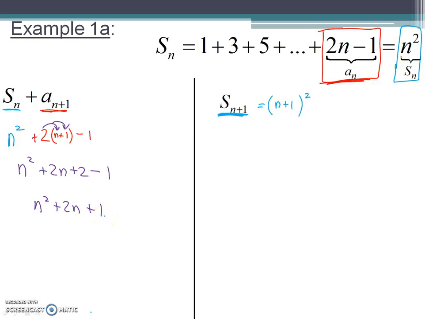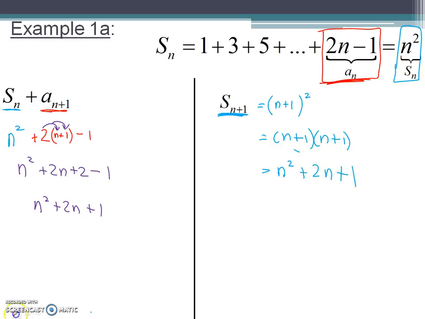If you're savvy enough to have factored this already, you would have seen that it's n plus 1 squared. But I digress. Don't forget to not distribute the square. Don't forget to properly square this binomial. n squared plus n, right? The whole FOIL thing.